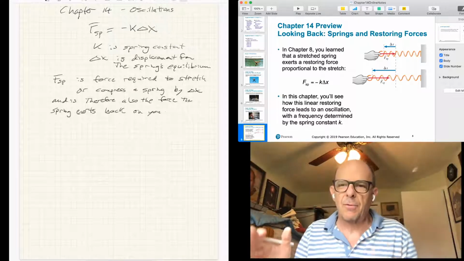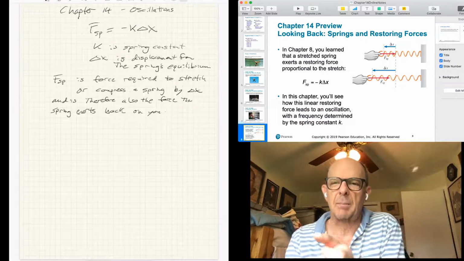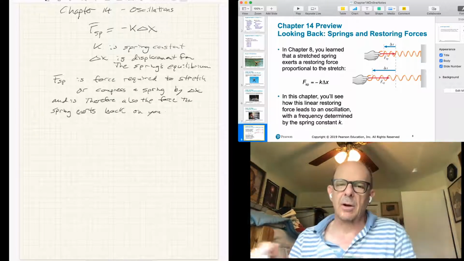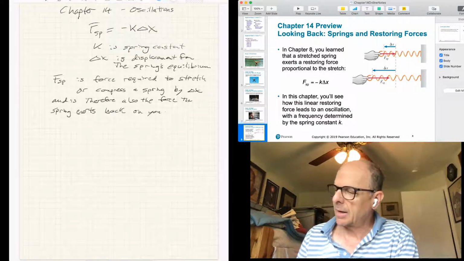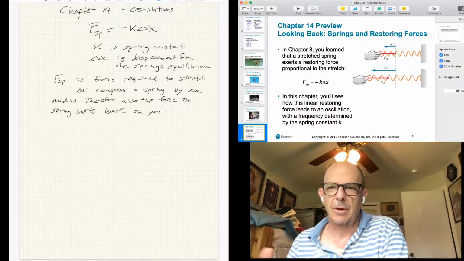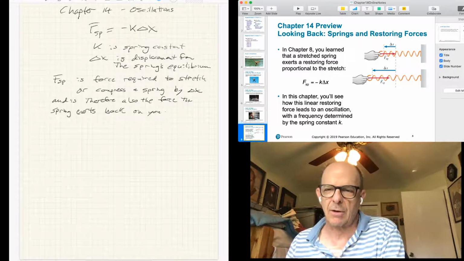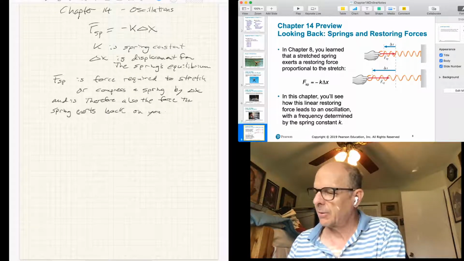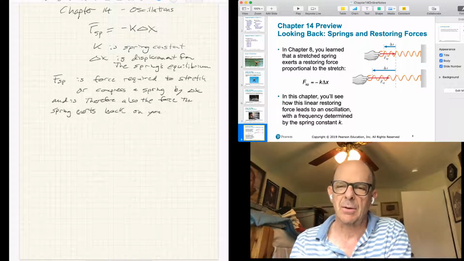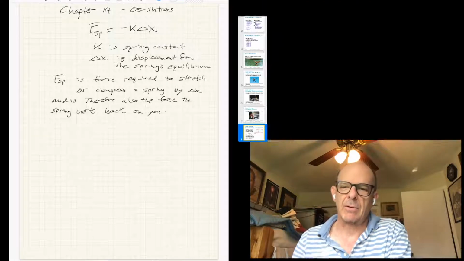So that force is the force that's shown here in the slide, that the spring is pulling back on you towards that equilibrium position. That's what the minus sign in that equation is showing, that the spring force is trying to go back, trying to negate that stretching or compression that you're doing of the spring. So it's in the opposite direction of delta x. There you can see that the blue arrow, delta x, and the red arrow for the force are in opposite directions.